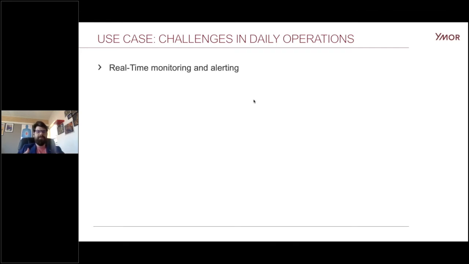The very first is always real-time monitoring and alerting, because the issues they face in the beginning are centered around, hey, I have this very important system that's running. I want to make sure that it keeps running, and I want to be notified whenever things are either going bad or starting to go bad.